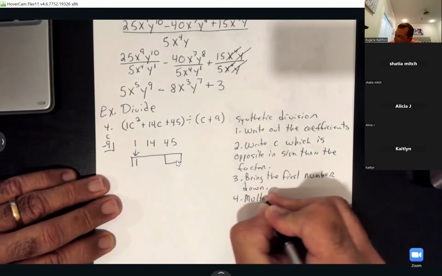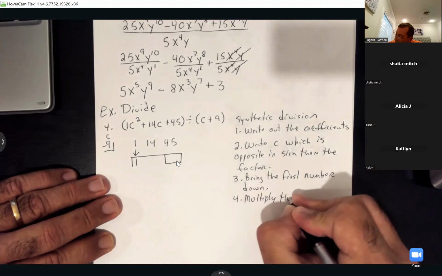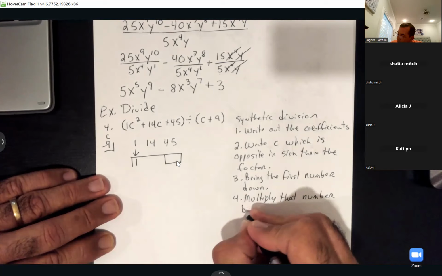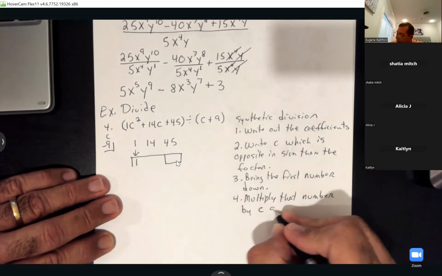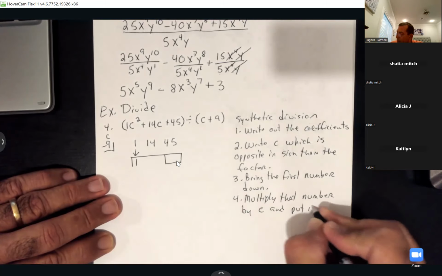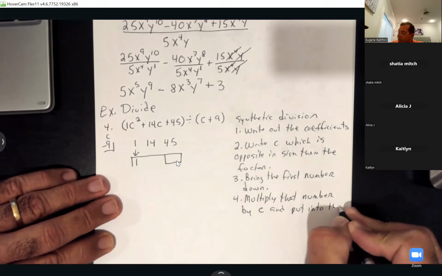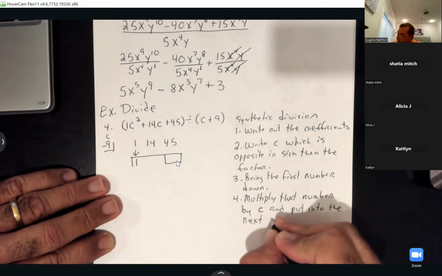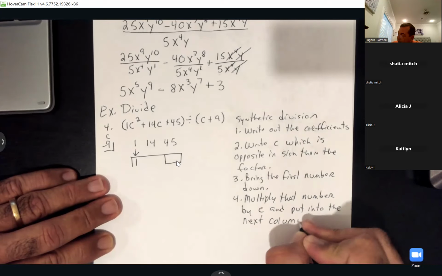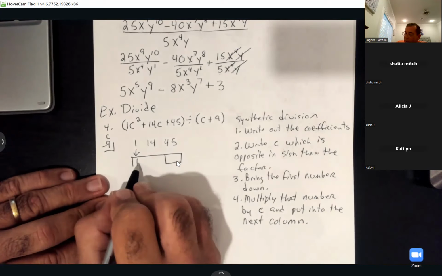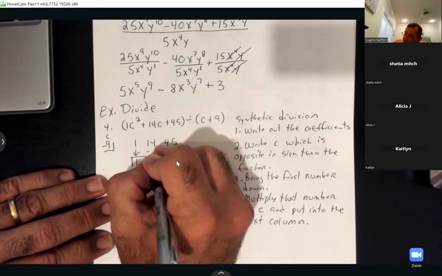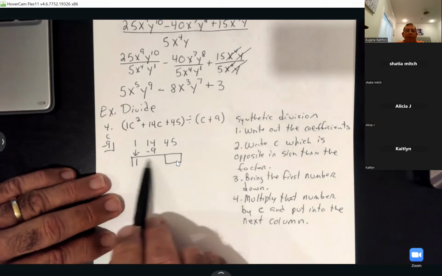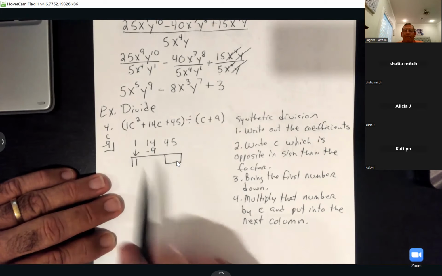So multiply that number by our C and put it into the next column. 1 times negative 9 is negative 9. And that's why we had to leave a little space here.